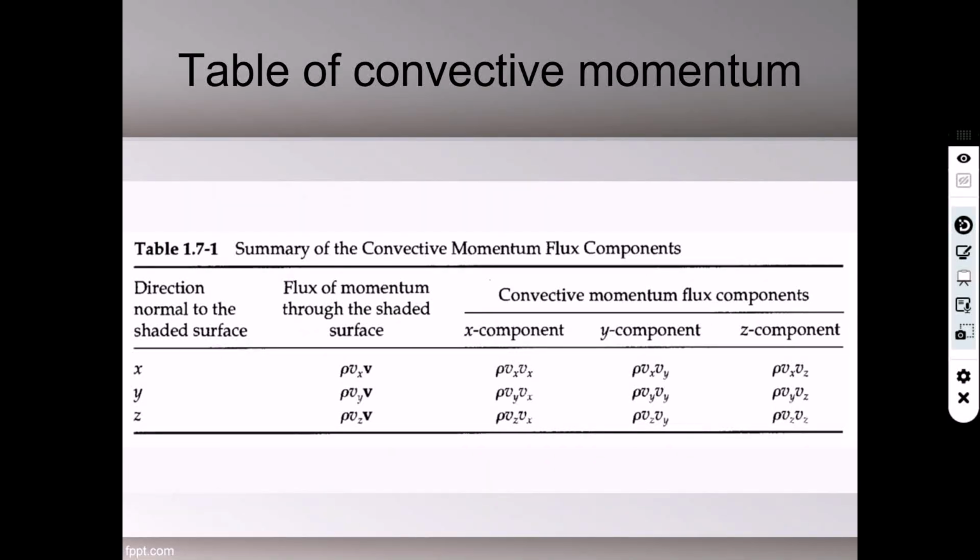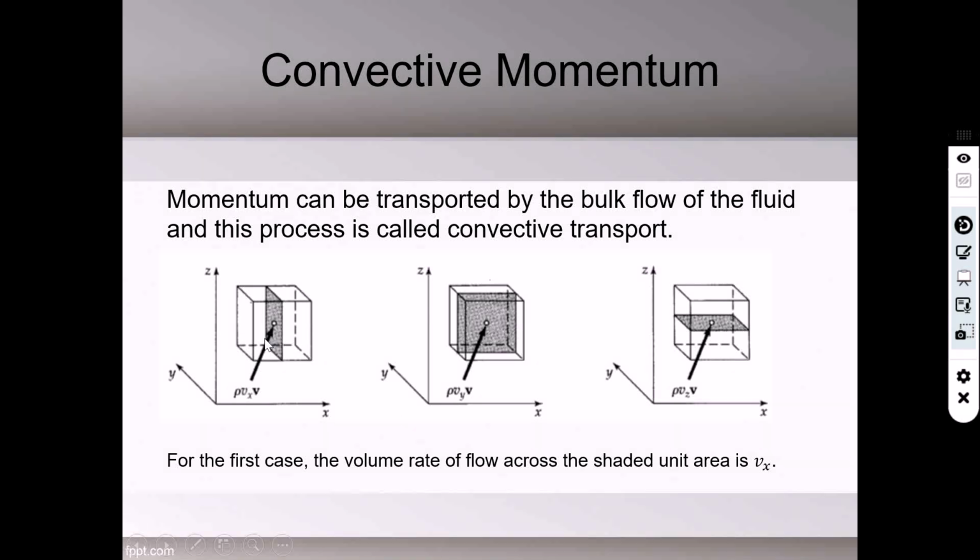Once we have that, here we also know that this ρv v has 9 components. The first component, similar to the shear stress, describes the surface. So it's this surface.